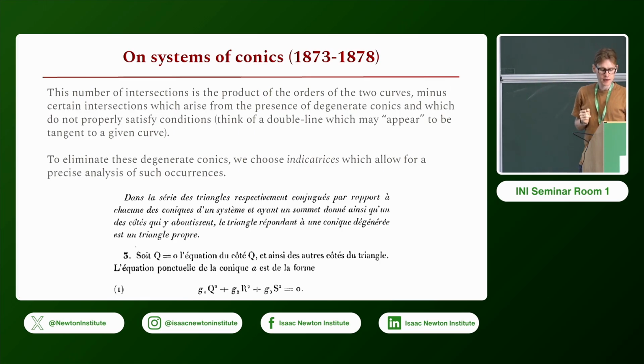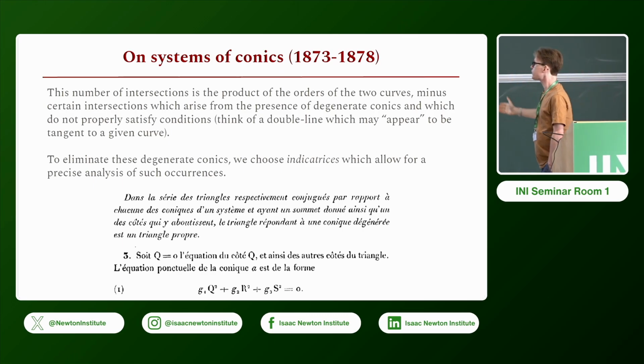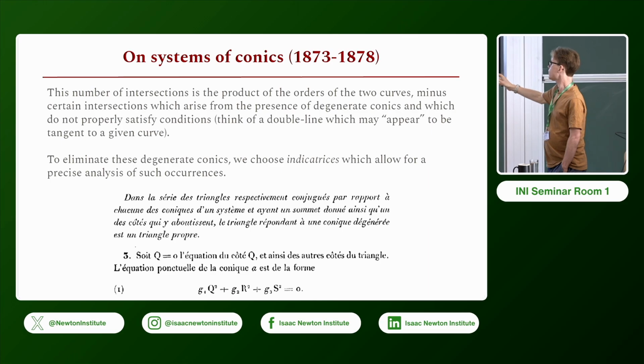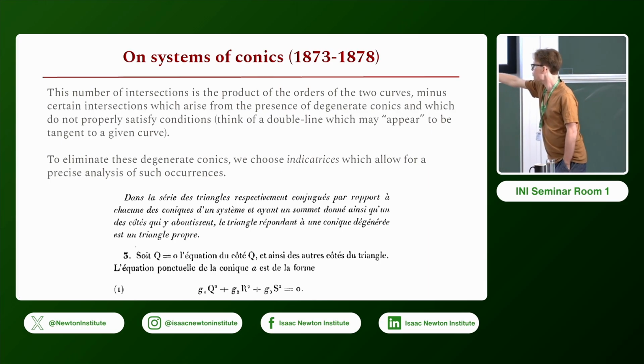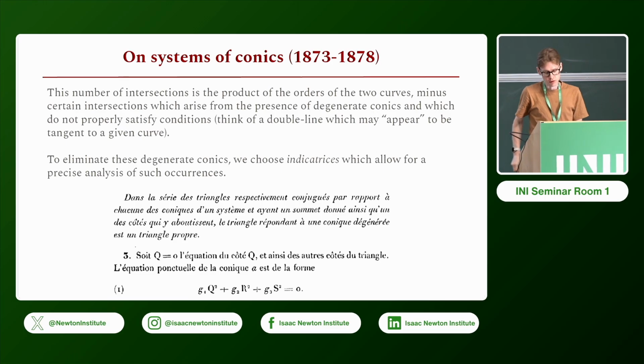To simplify it, he says, well, for every value of this parameter we can find a triangle such that the equation of the conic with respect to this triangle in homogeneous coordinates has this simple form, a sort of diagonal matrix.